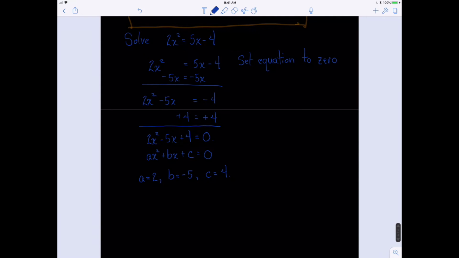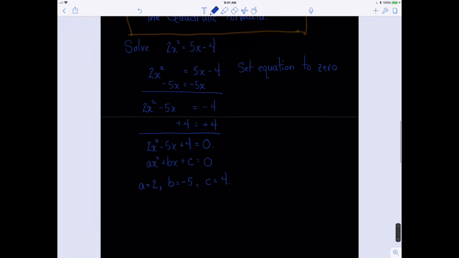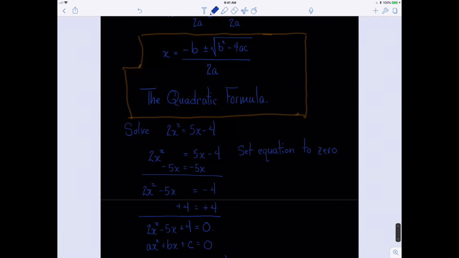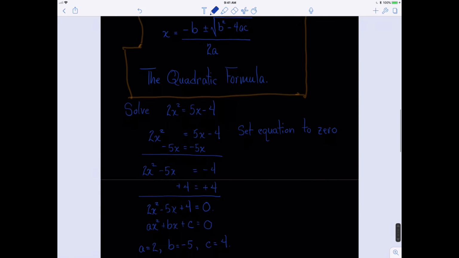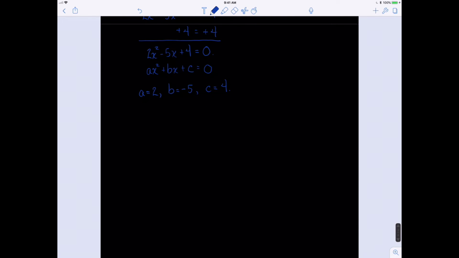So now using the formula above, and I'll scroll up once more so you can see it. If you're taking notes as you go, you might want to write it down, because I'm going to have to move my screen again. We're going to just put A, B, and C into the formula. So x equals negative b.